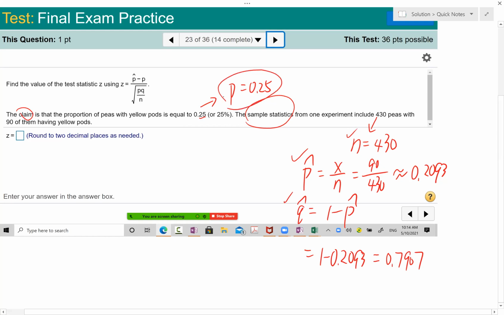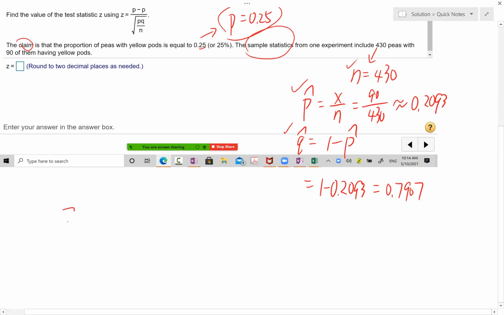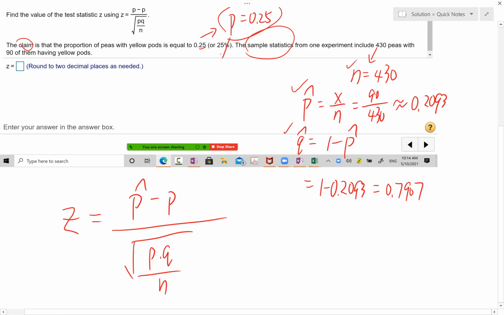Now we can calculate the test statistic z-score. The z-score equals p hat minus p, over the square root of p times q over the sample size. Since we know p, we know q: q is 1 minus 0.25, which is 0.75.